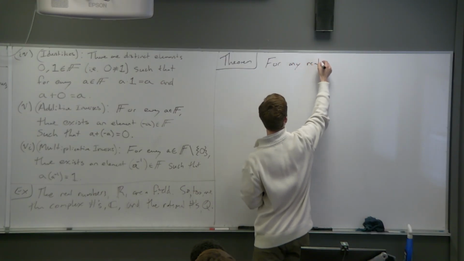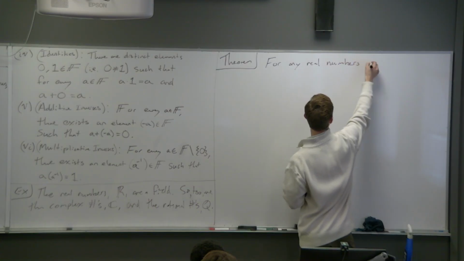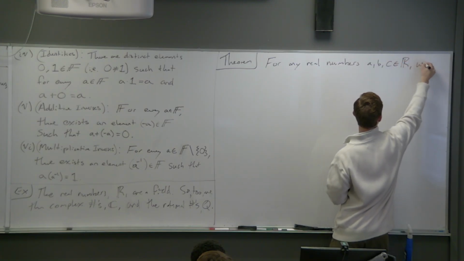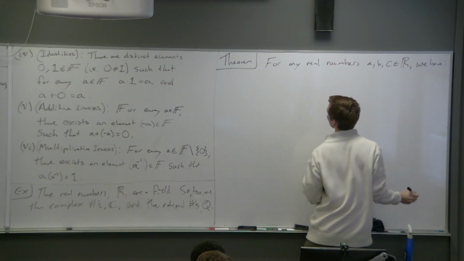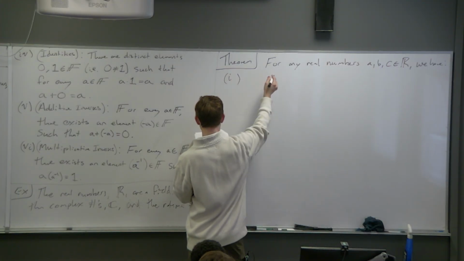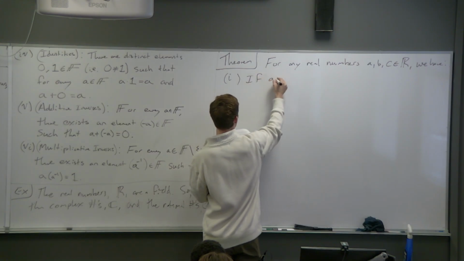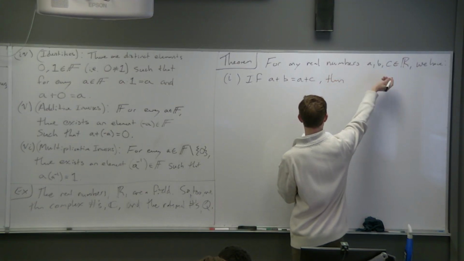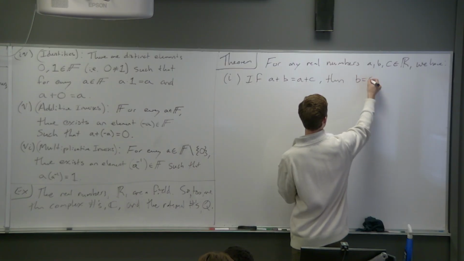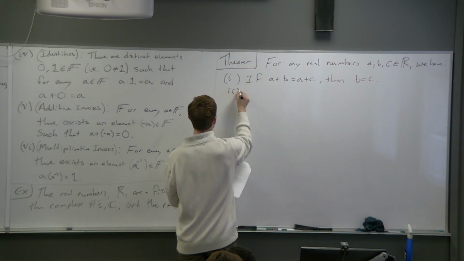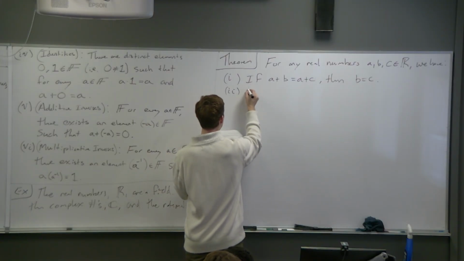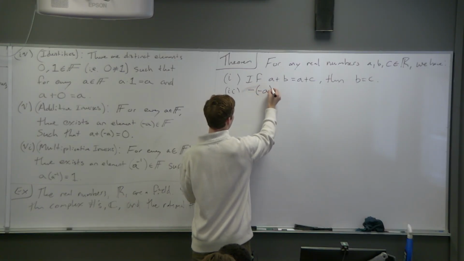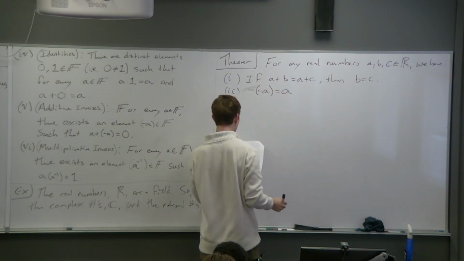For any real numbers a, b, and c, we have the following. 1, if a plus b equals a plus c, then b equals c. 2, minus, I'll write it this way, the additive inverse of the additive inverse of a is indeed equal to a.